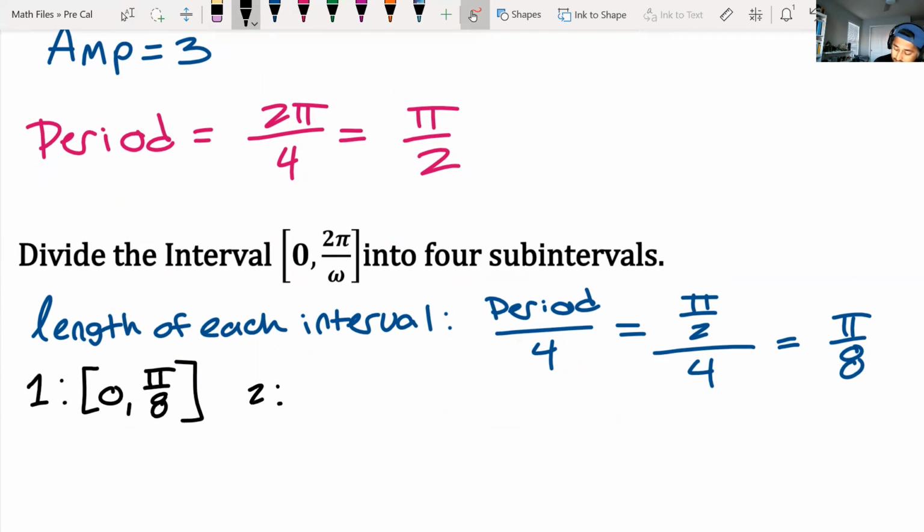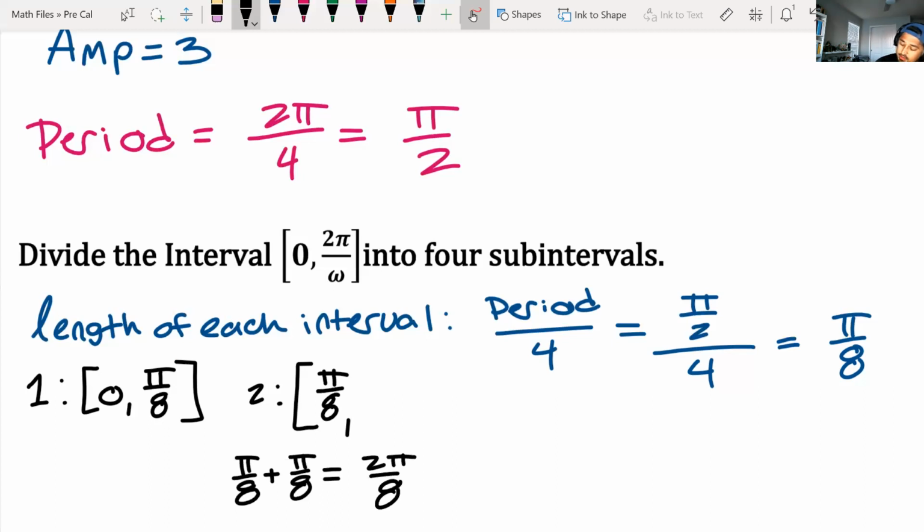Your second subinterval will start where you left off. You're going to start at pi over 8, and you'll add another pi over 8. So what's pi over 8 plus pi over 8? 2 pi over 8, which reduces to pi over 4.